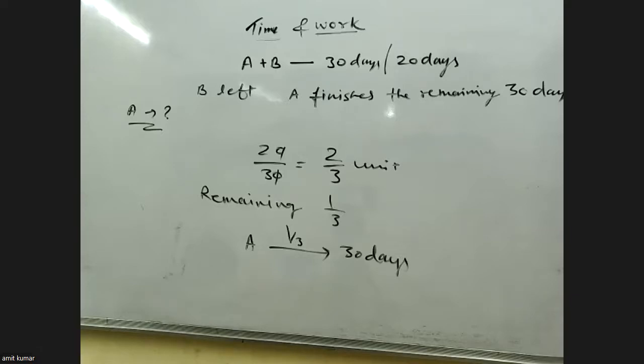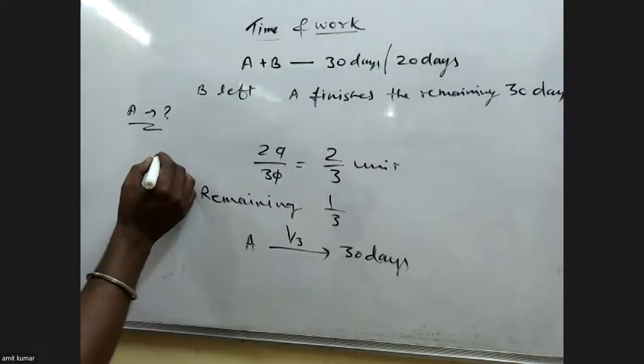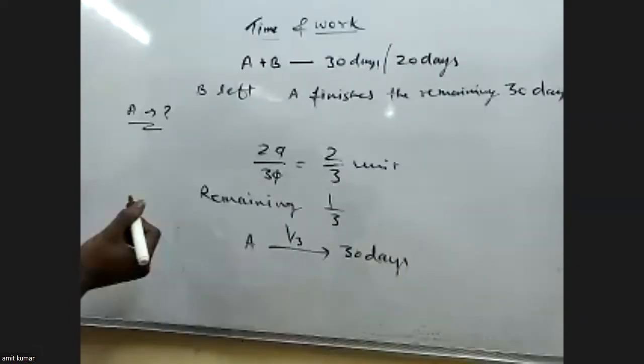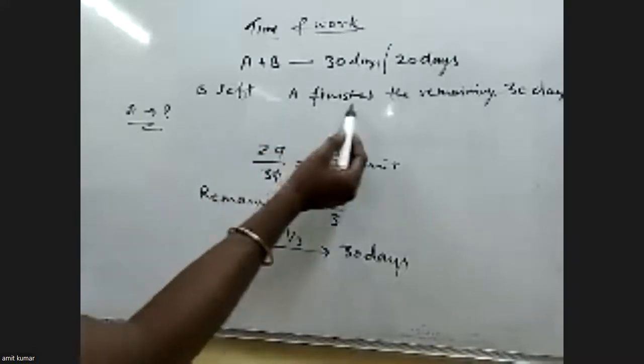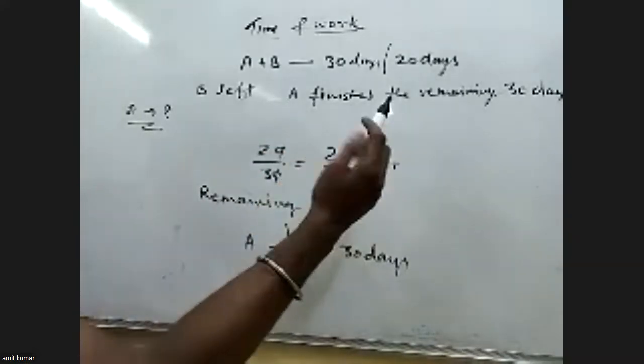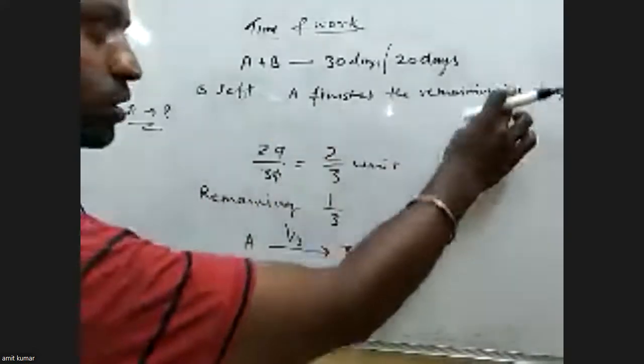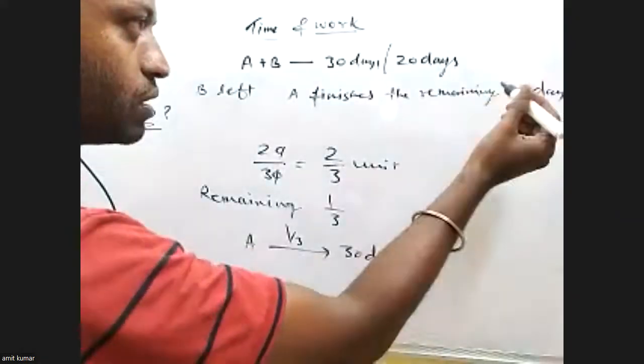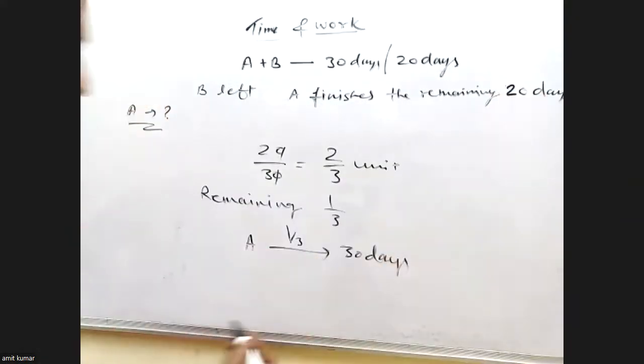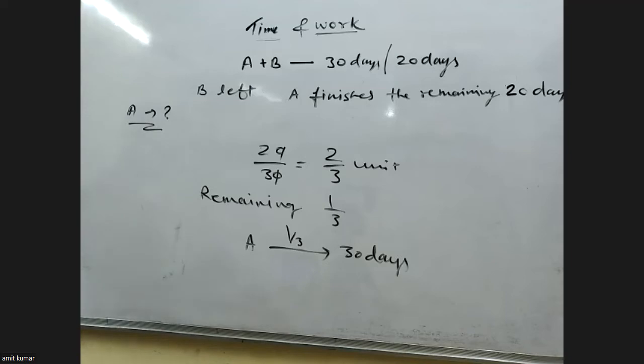I will tell you, don't worry. See, what I taught you is, where did the 30 days come from? A finishes the remaining work in how many days? Is it 20 days? A finishes the remaining work in 20 days.